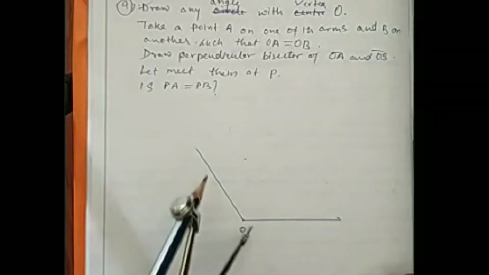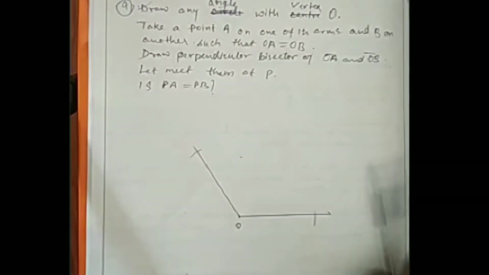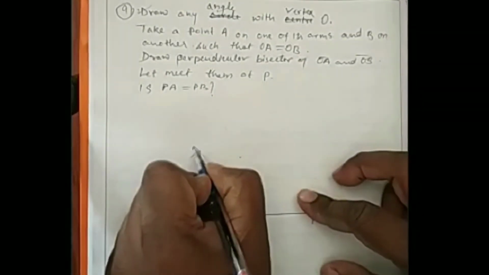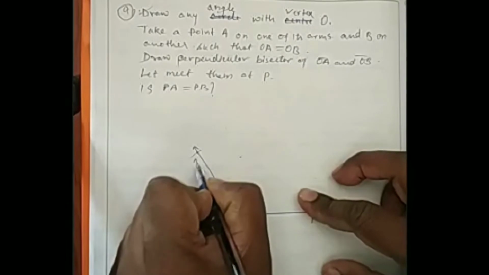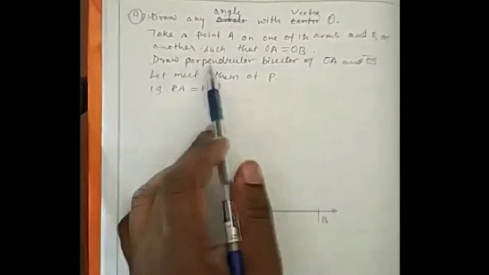Any radius you open, make the first arc, and with the same radius make the second arc here. Okay. Now make this point as A and this point as B. Clear?